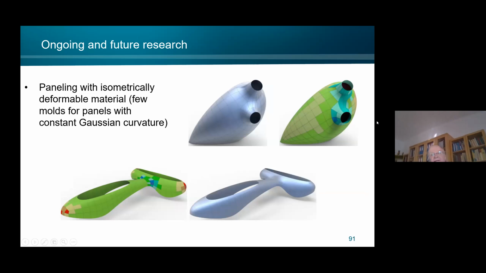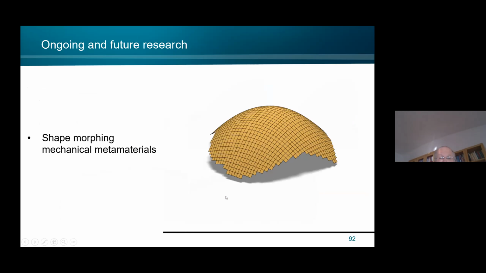For me, it was surprising that you can get such nicely, almost smooth surfaces where all these patches have a constant Gaussian curvature. And of course, if this Gaussian curvature is positive, we just need a spherical mold. The color here indicates the different molds. For negative curvature, we need some surface of constant negative curvature, let's say part of a pseudosphere or other. And this is something which we currently look at.